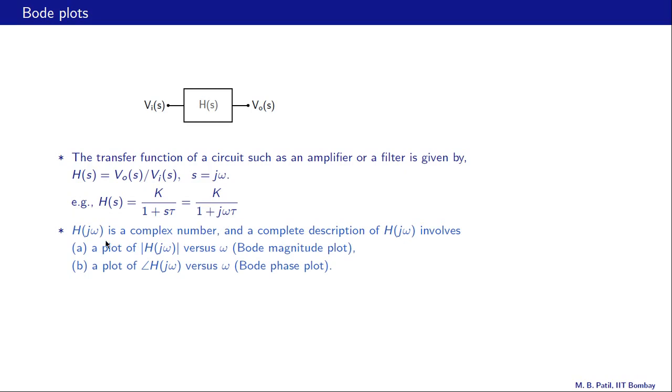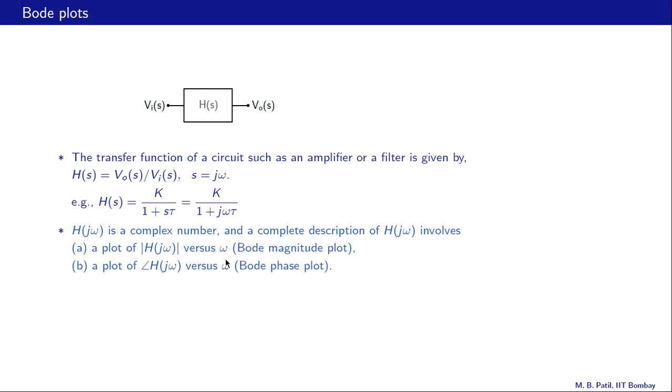Now H of j omega is a complex number, as shown in this example, and a complete description of H of j omega therefore will involve two plots. One is a plot of the magnitude of H of j omega versus omega, and second a plot of the phase of H of j omega versus omega.